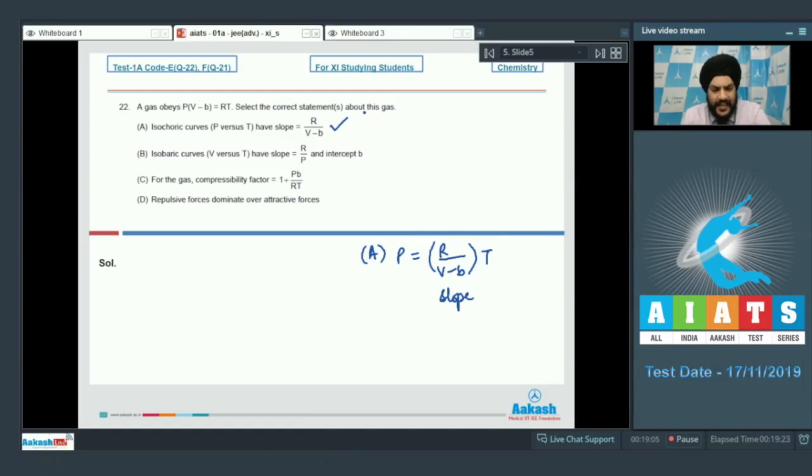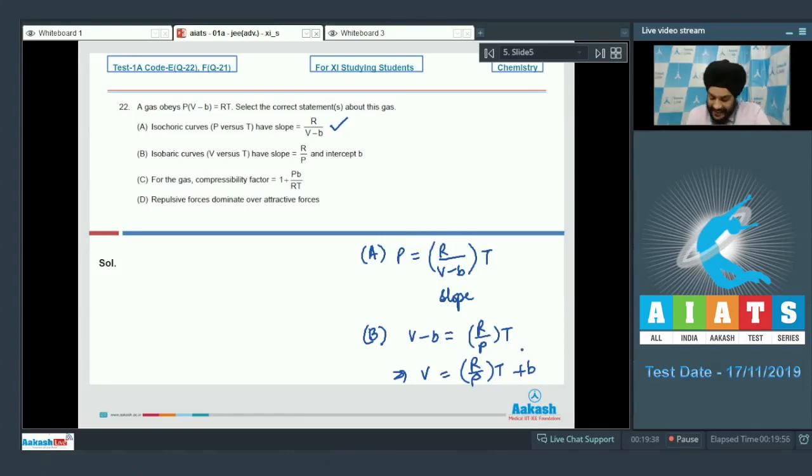If we talk about the second option now, isobaric curves, which is V versus T, have slope equal to R by P and intercept equal to b. So students, we have to now talk about the graph of V versus T, which is plotted at constant pressure. Okay. So if we talk about the second statement now, we can have V minus b equal to R by P into T. So we can rearrange this to get V equal to R by P into T plus b.